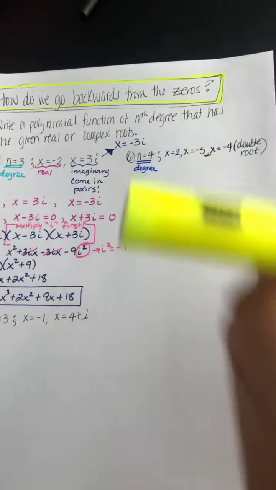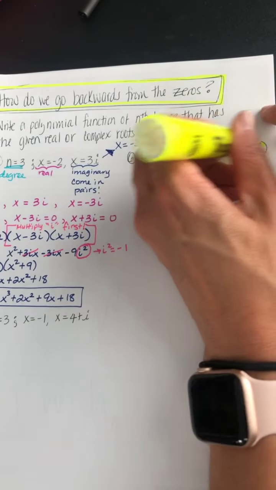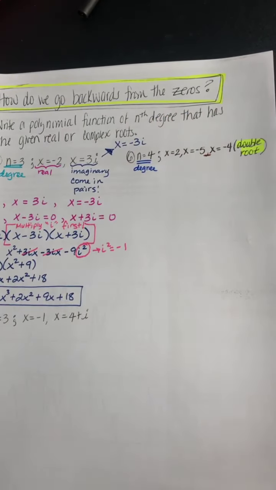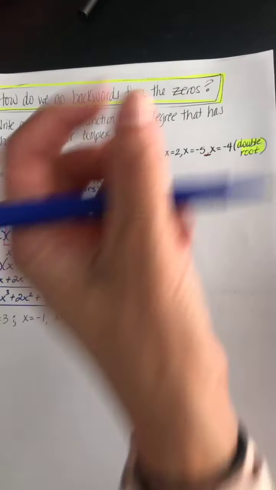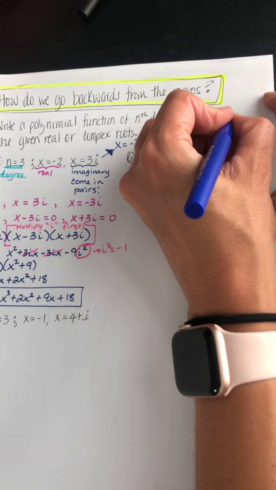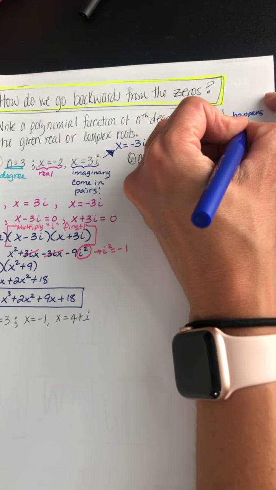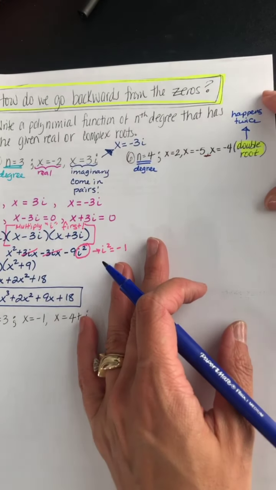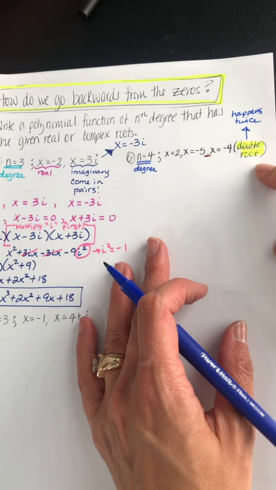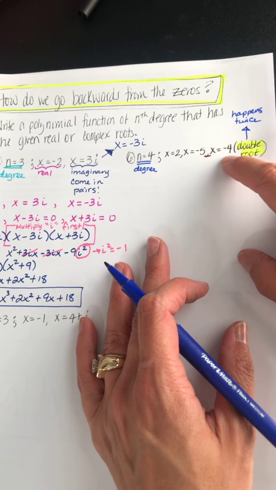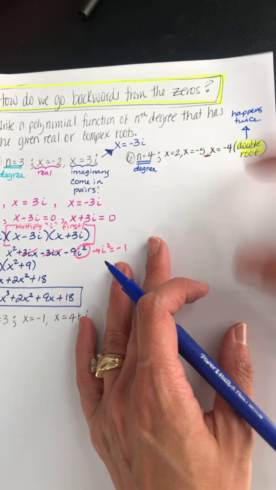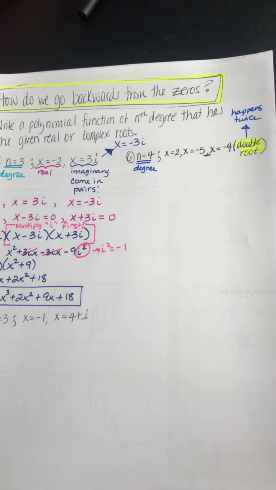I want you guys to highlight that. Double root means that it happens twice. We also call that multiplicity. So sometimes they'll say x equals negative 4 multiplicity 2. Same thing as calling it a double root.